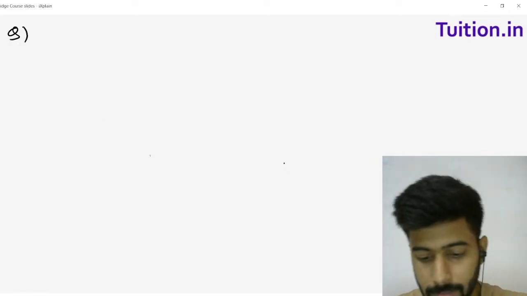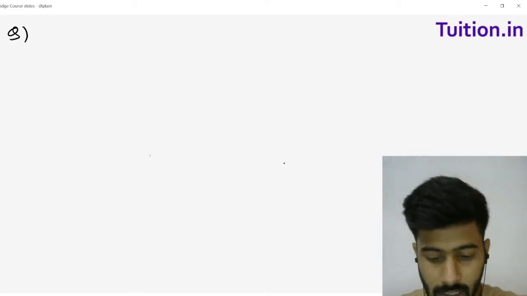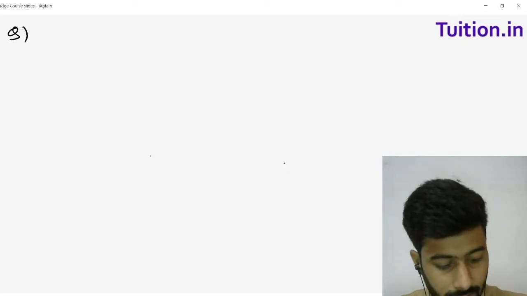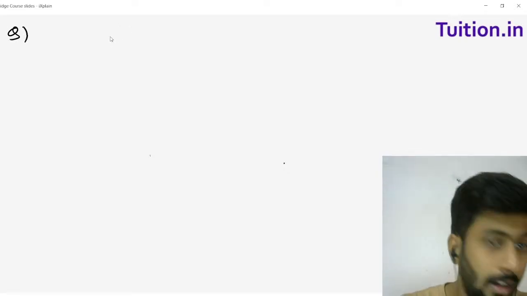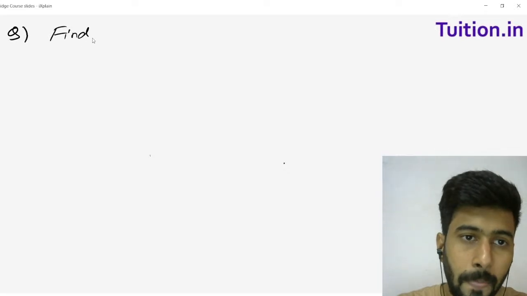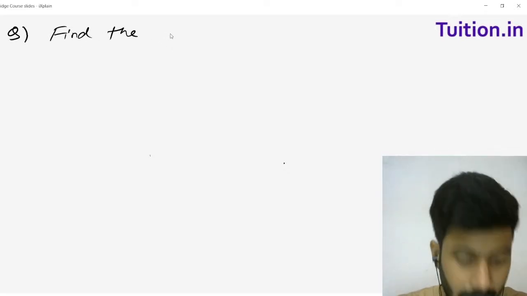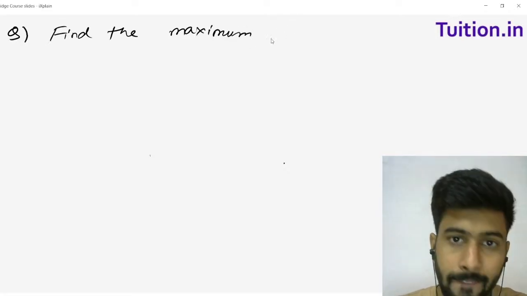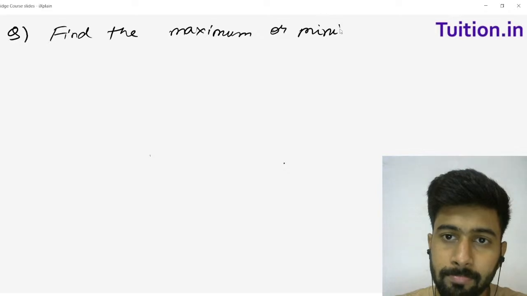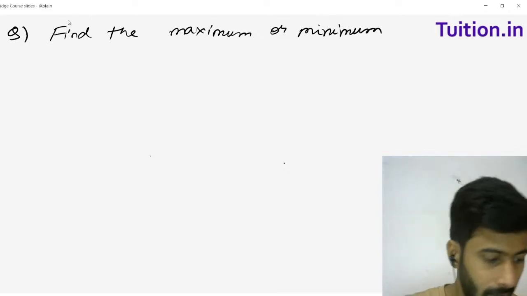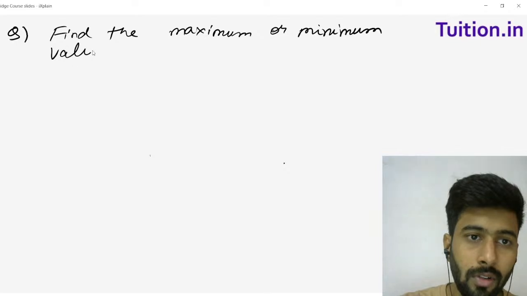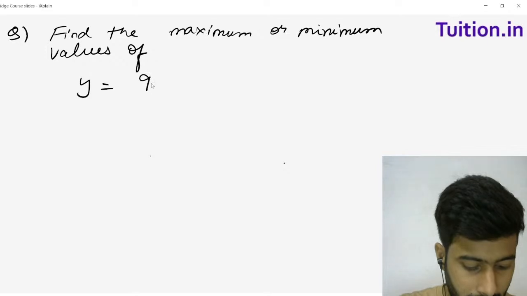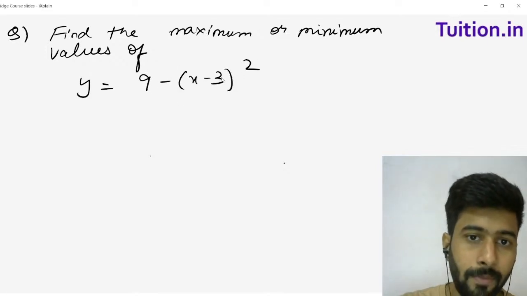Okay. So question number 1 to you people. First problem. Please try this out. Find the maximum or minimum values of y is equal to 9 minus (x minus 3) whole square.